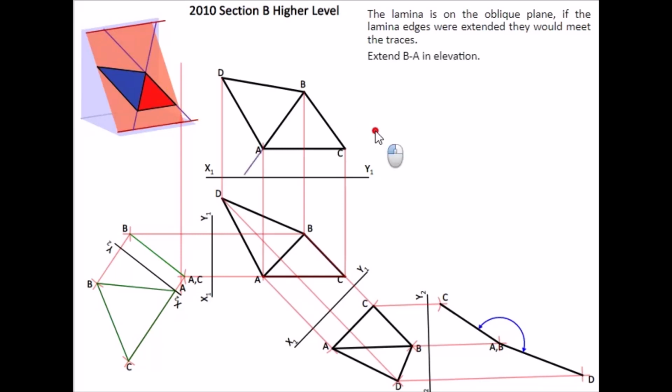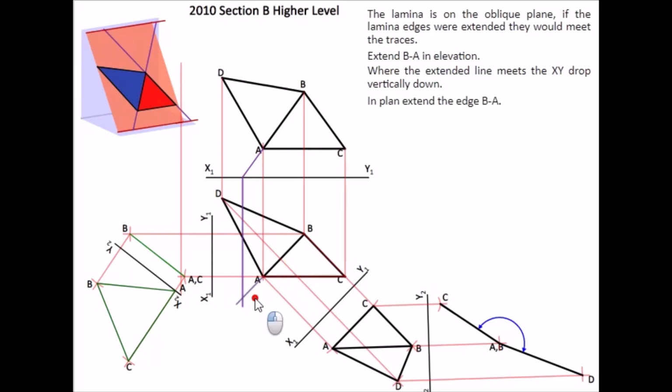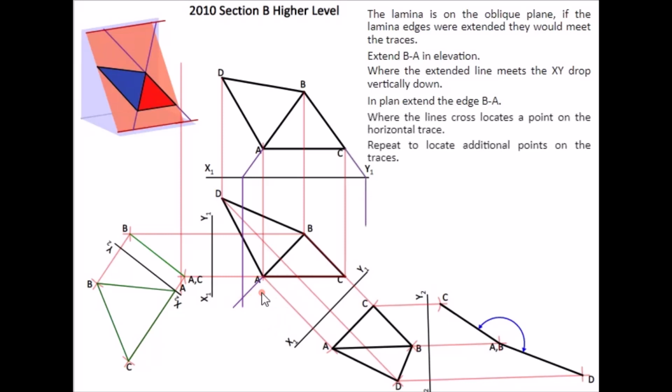So to show this in elevation, we extend this edge AB into the ground, bring it down to plan, and extend AB in plan. That gives us a point on a horizontal trace. Then we repeat for the other side. So we extend our edge BC and draw our horizontal trace. So this is our horizontal trace now located.